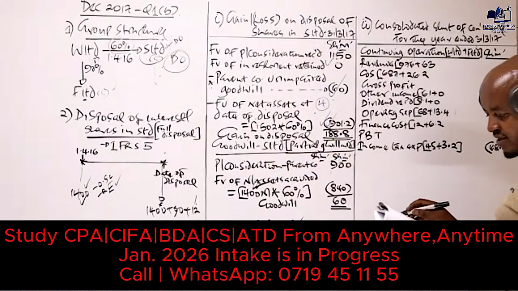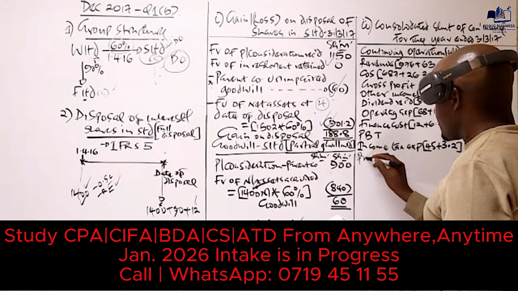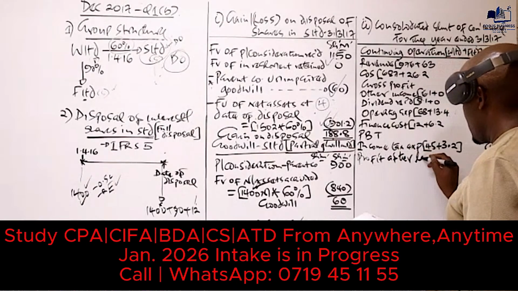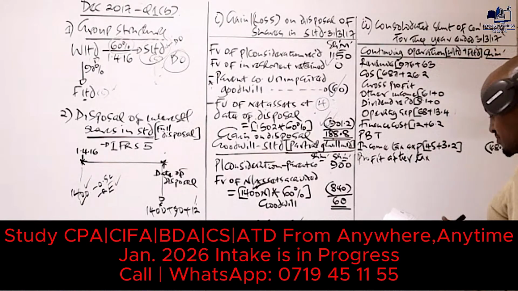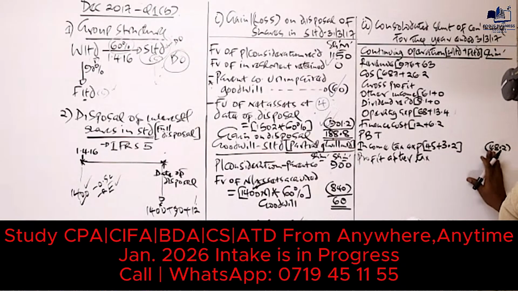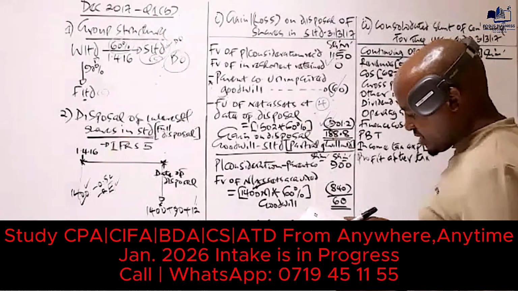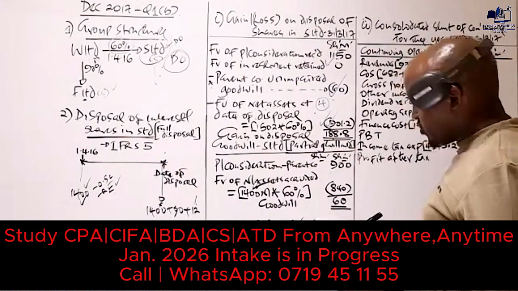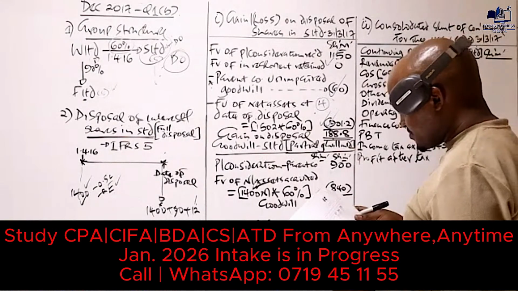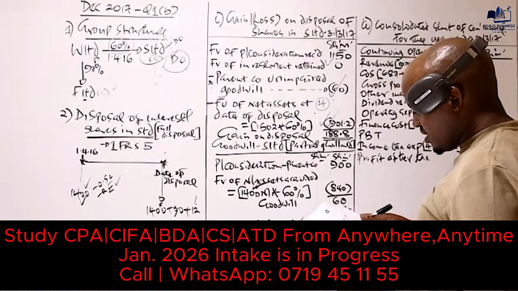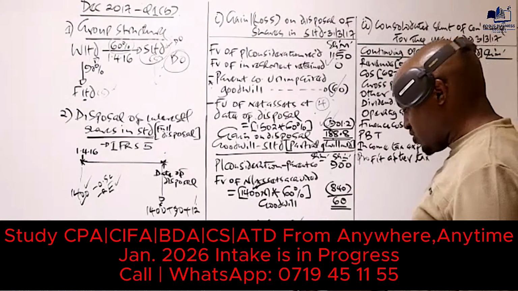Then from there, we will get the profit after tax. After getting that profit after tax, we should proceed and add other comprehensive incomes.